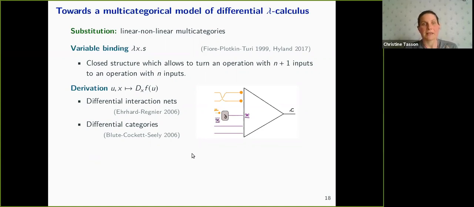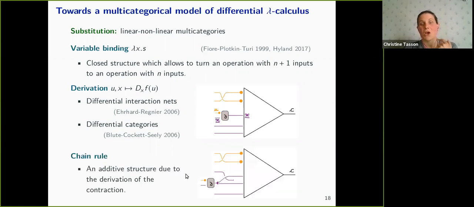And the last thing that I will have to do is to understand how this operation works with the contraction, which is needed for the general case. And then I will have to add some additive structure, because the derivation of the contraction will need some non-deterministic choice, as I presented at the beginning.